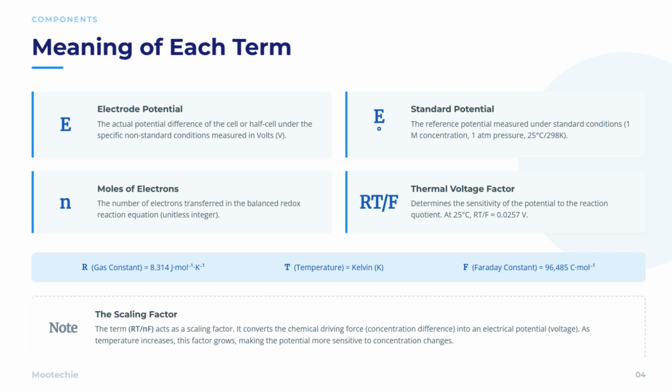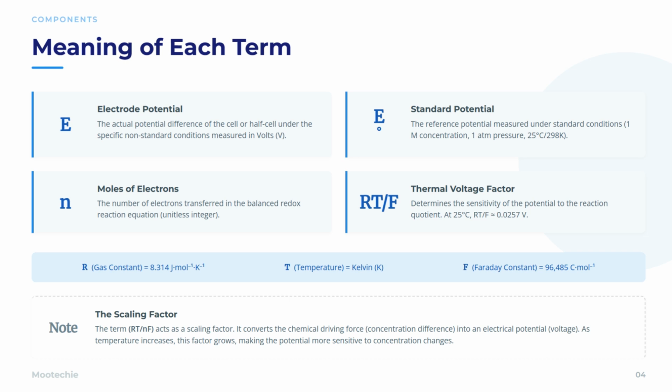A very useful note is that at 25 degrees Celsius, RT over F equals 0.0257 volts. For the constants, R, the gas constant, is 8.314 joules per mole per Kelvin. T is temperature in Kelvin, and F, the Faraday constant, is 96,485 coulombs per mole.